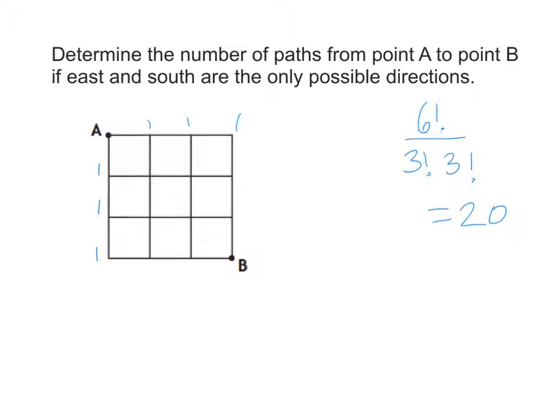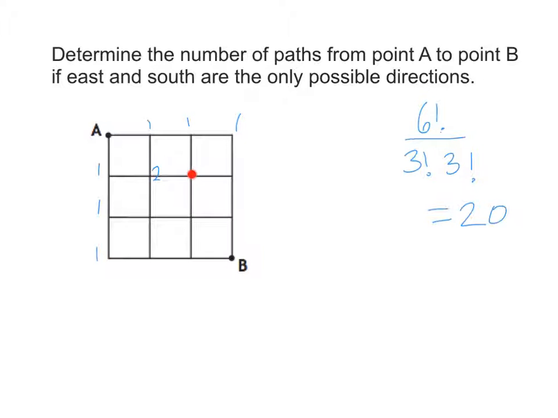But then when you start looking at the points inside, if we look at this point, the number of ways to get from A to that point, well, you could go across and then down, so east and south, or you could go south and east, which means there are 2 ways to get there. And if you think about that pattern of Pascal's triangle of adding the 2 previous numbers, we can do 1 plus 1, and we end up with 2.